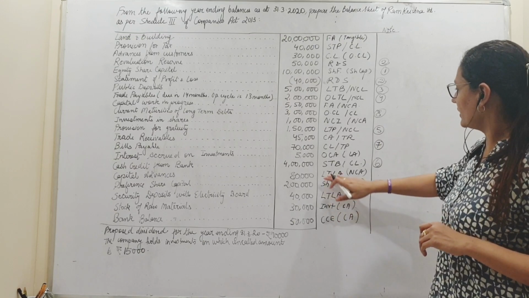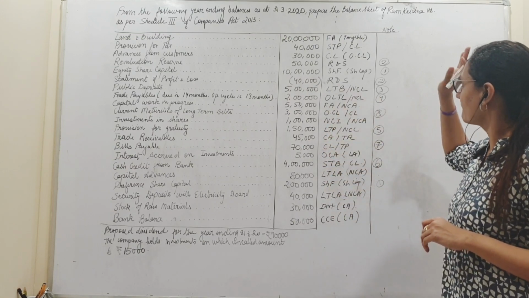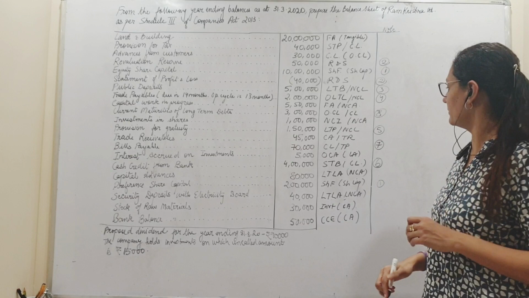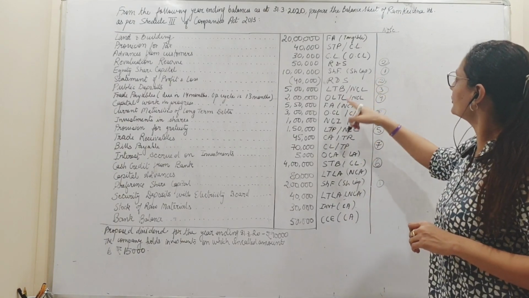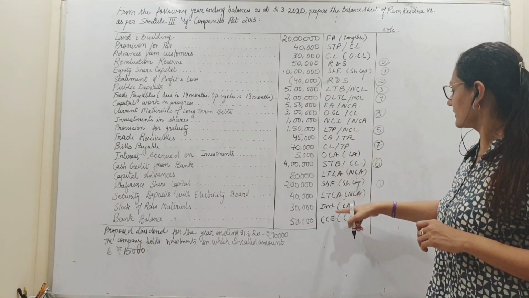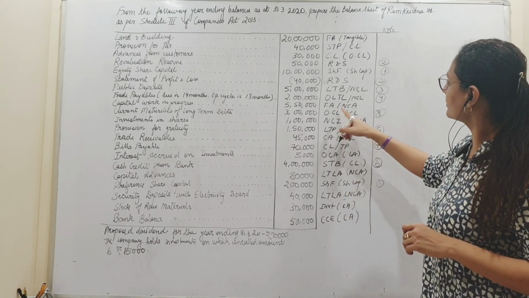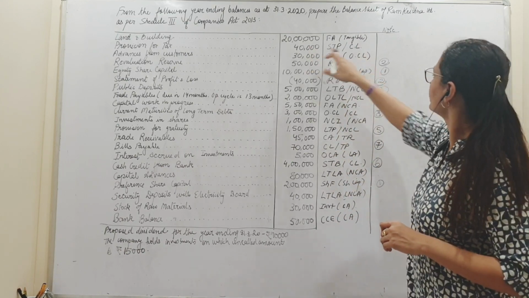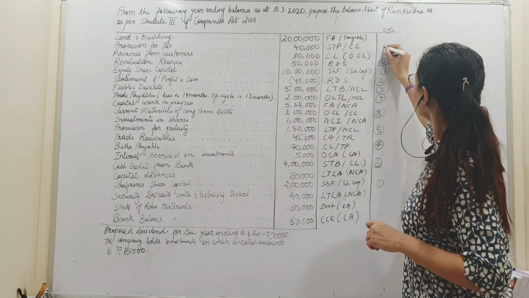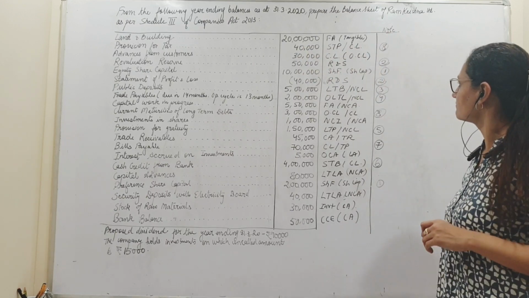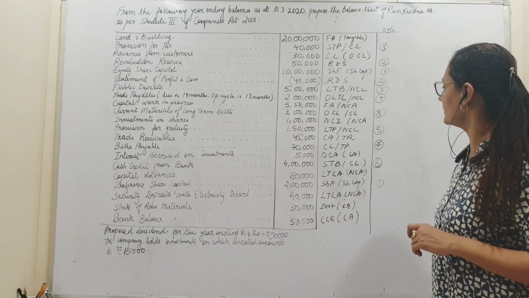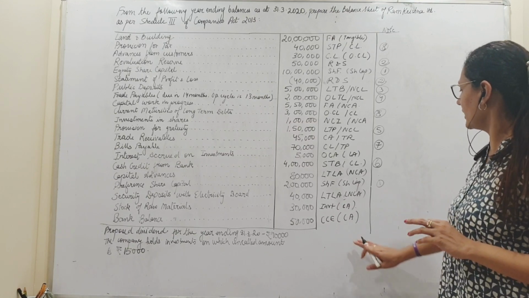Okay. Do we have any other current liability? No. Okay. Then we come to short term provision. We did have a short term provision for tax. Right? Okay, where is that? Short term provision. Yes, here provision for tax. So this is note number 8. Here under current liabilities. So current liabilities also done.